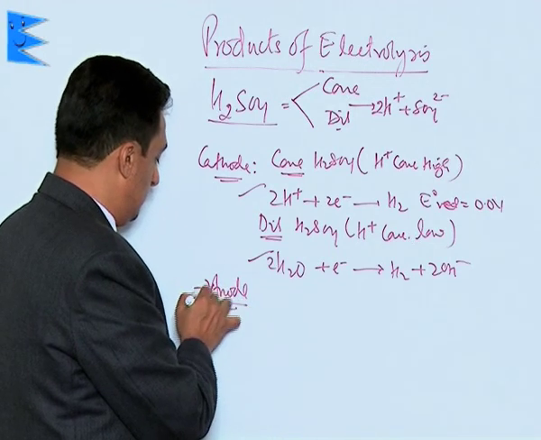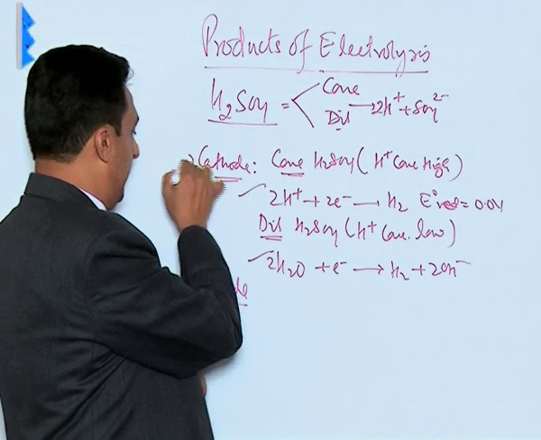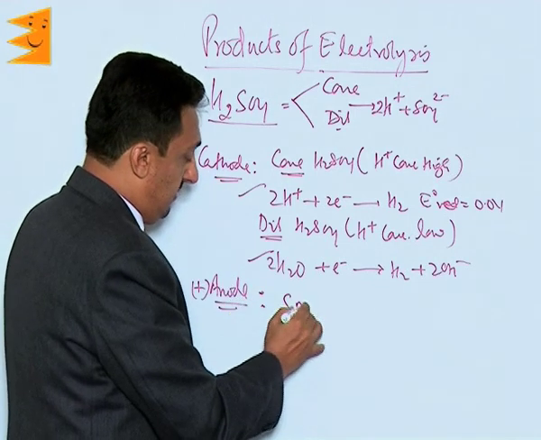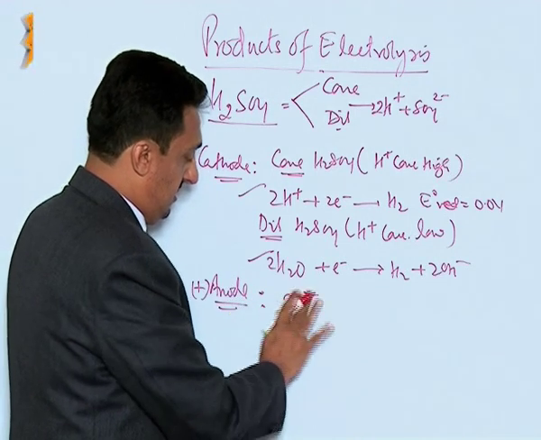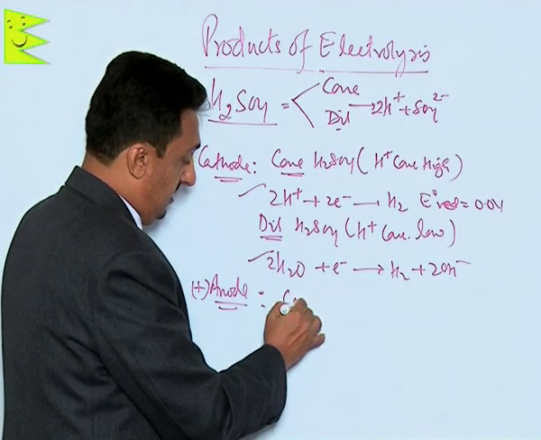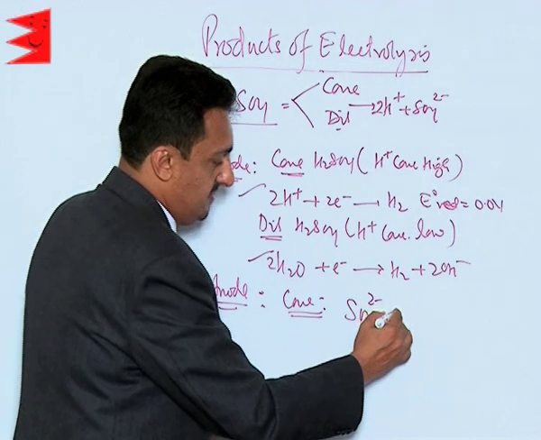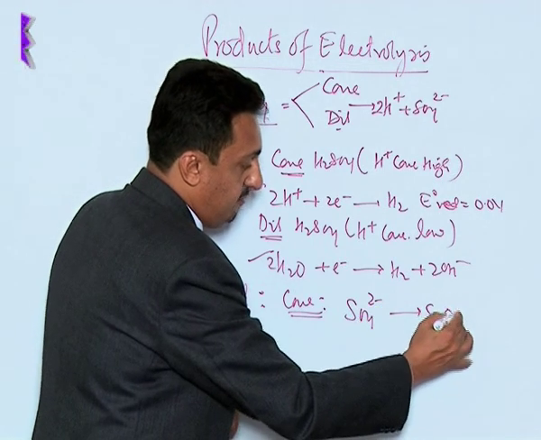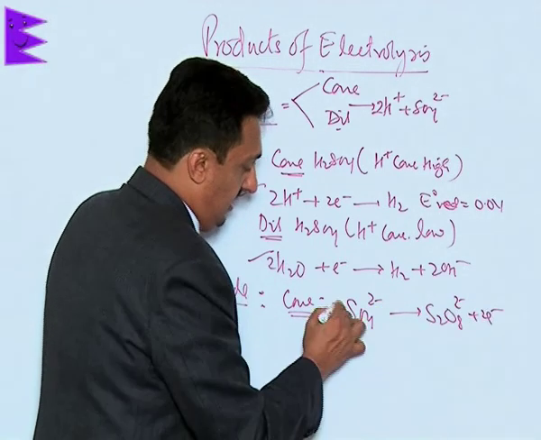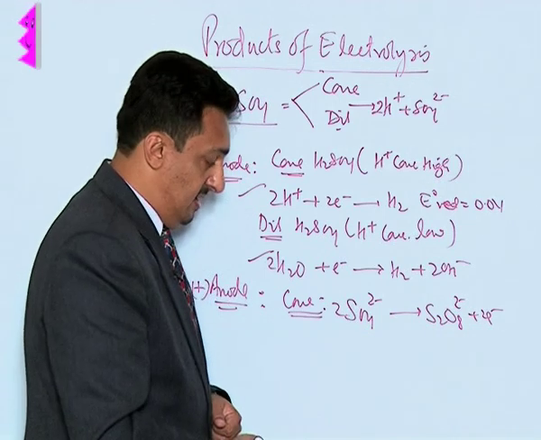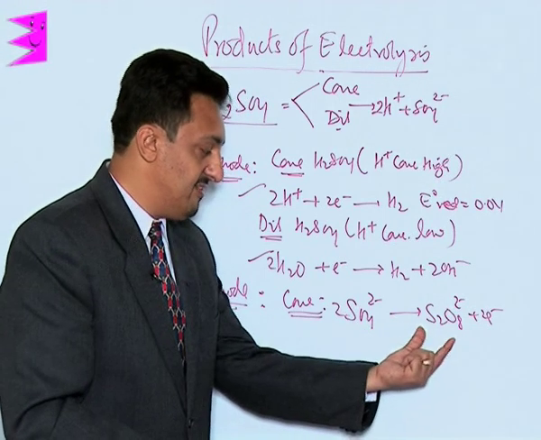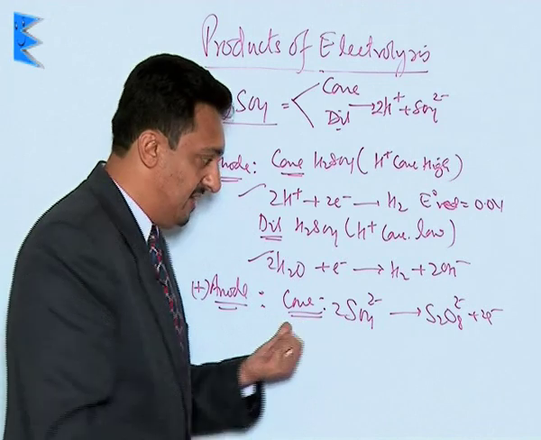At the anode, what we find is it will be the sulfate ion. Let us see the concentration. If it is concentrated, it will be the sulfate ion which gets oxidized to peroxydisulfate ion, and it forms this. And remember, this is the reaction which takes place when we have a concentrated one.